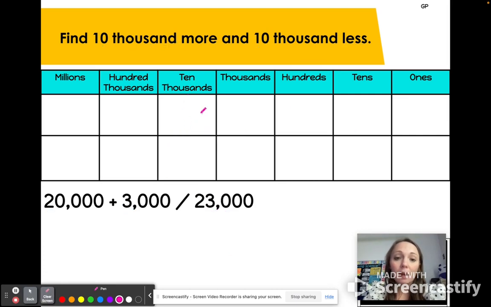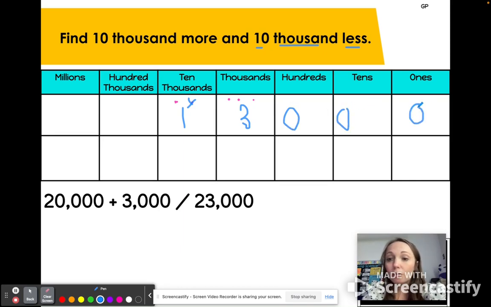Now, let's say this time we're going to find 10,000 less. So here I put my discs, 1, 2, 1, 2, 3. Now, I'm going to find 10,000 less, which means I'm taking away one of my 10,000 discs. Okay, now I see I have 1 here, 3 here, and none in the rest of my place values. So I know that 10,000 less than 23,000 is 13,000.